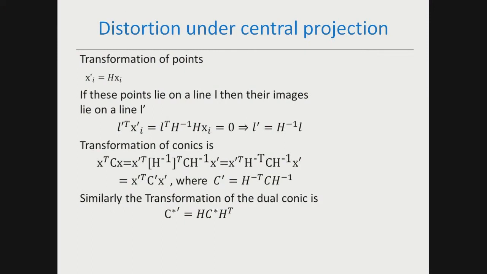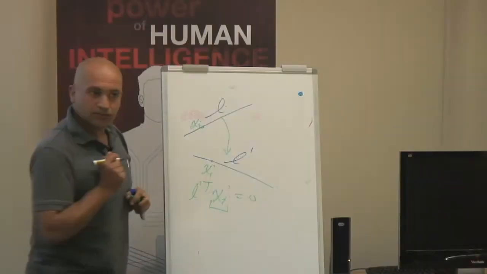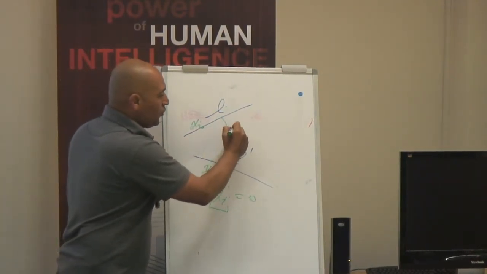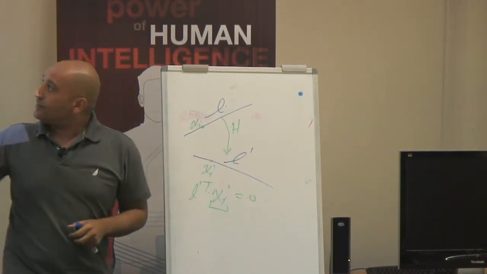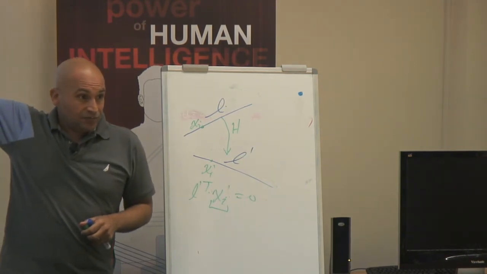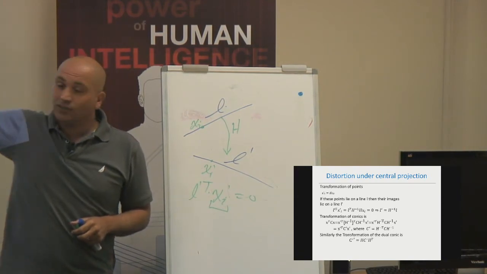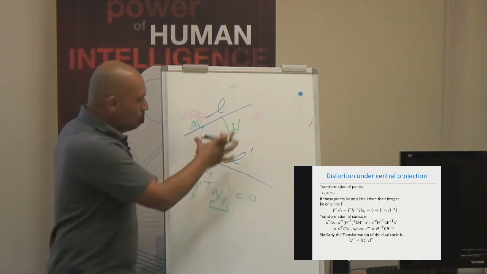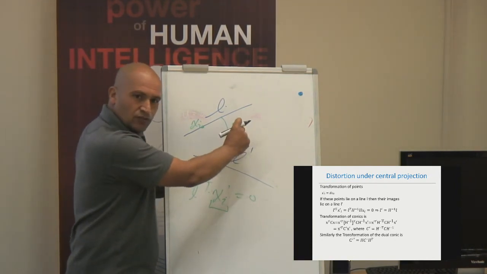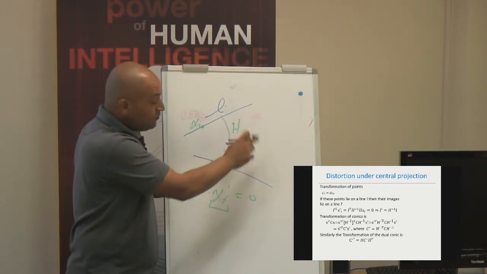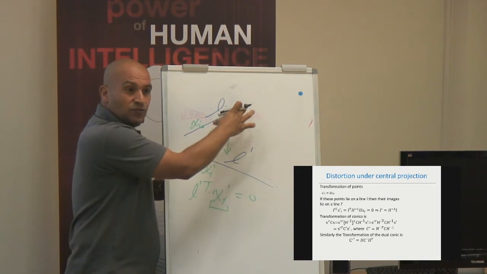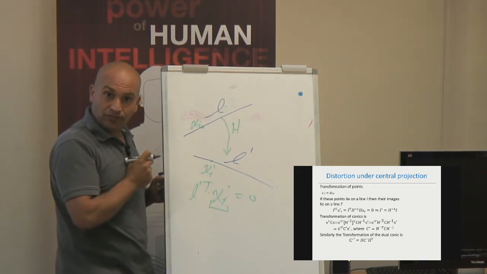This will give us that the image Li prime, which is the transformation of the line under the map H, will be represented as L prime equals H minus 1, the inverse of the matrix H, multiplied by L. So in order to map a line, all we need is to compute the inverse of the matrix H and multiply this by the line, which is again represented as a vector.